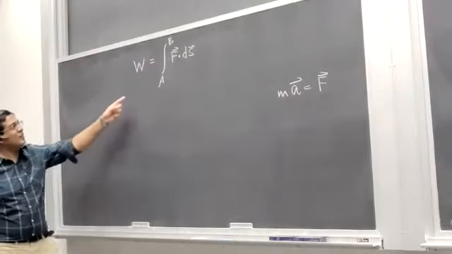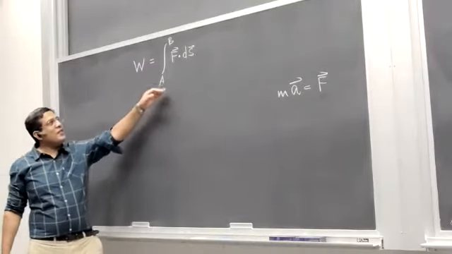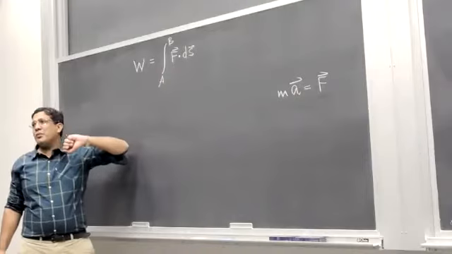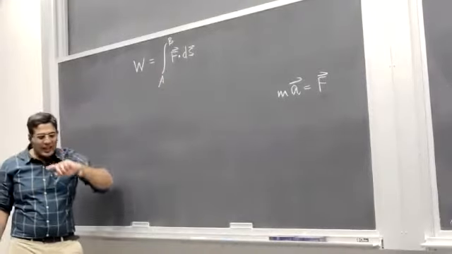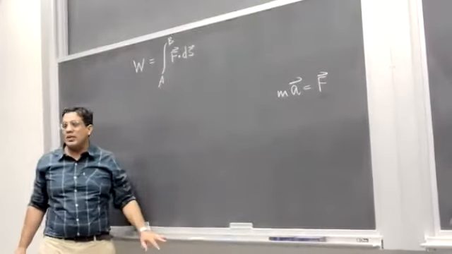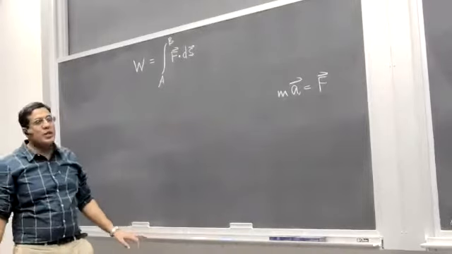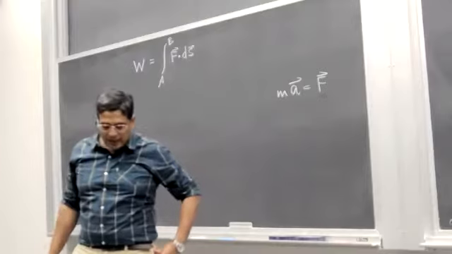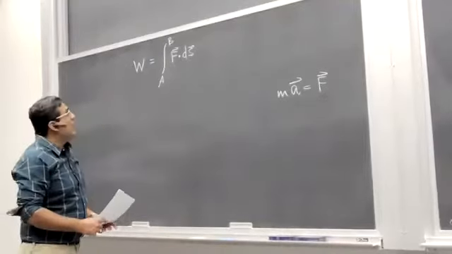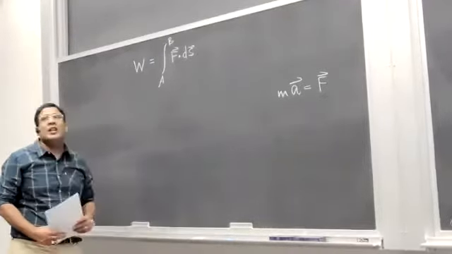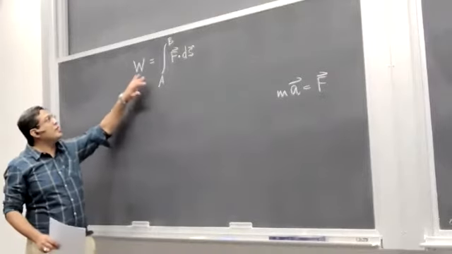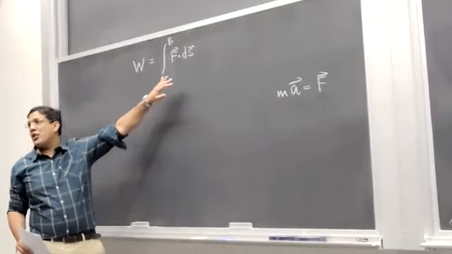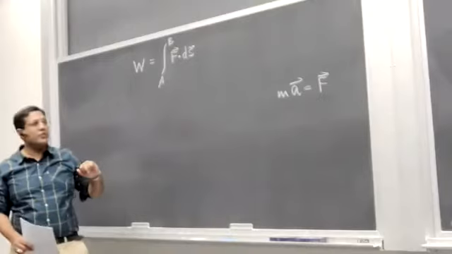It seems a circular journey, that we may have a situation where force depends on the path, and there are cases where it does. But a huge number of forces, a big group of forces that we would be dealing with in this course and in general as well, are forces where the work done does not depend on the path that you take.